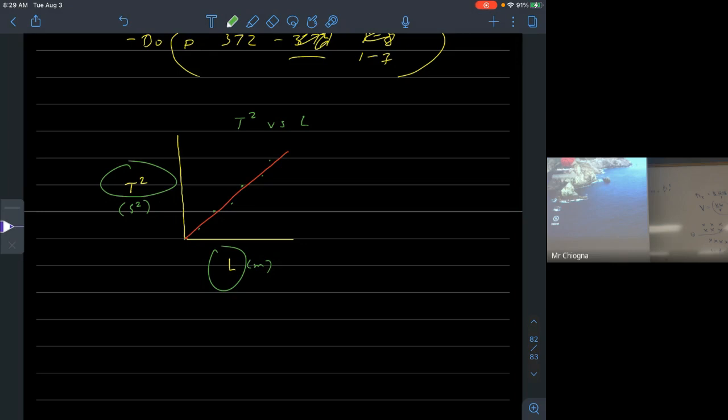Photon and charge is 1.6 times 10 to the 19. Times 100. 1.6 times 10 to the power negative 17 times 2 equals 3.0.